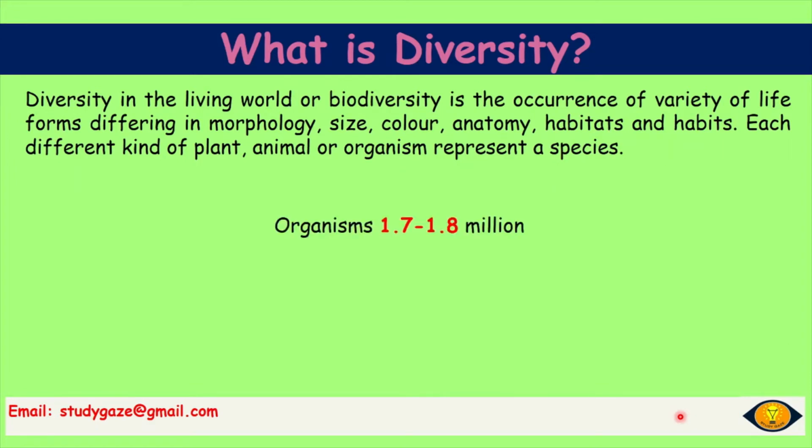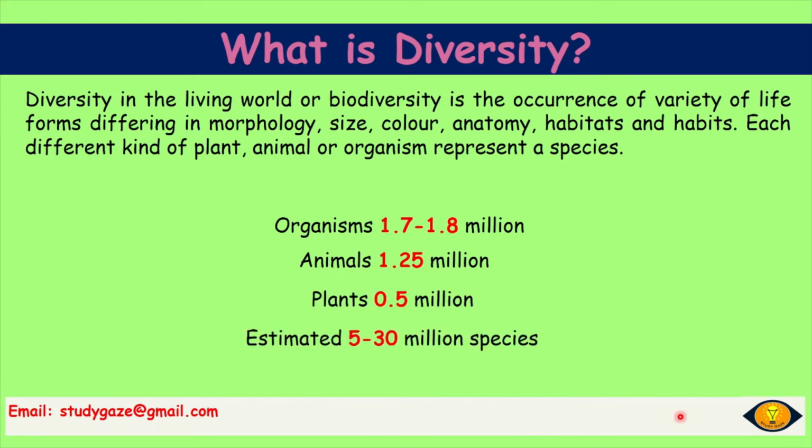There are about 1.7 to 1.8 million organisms known till now, among which 1.25 million are animals, 0.5 million are plants, and it is estimated that about 5 to 30 million species are still not known.